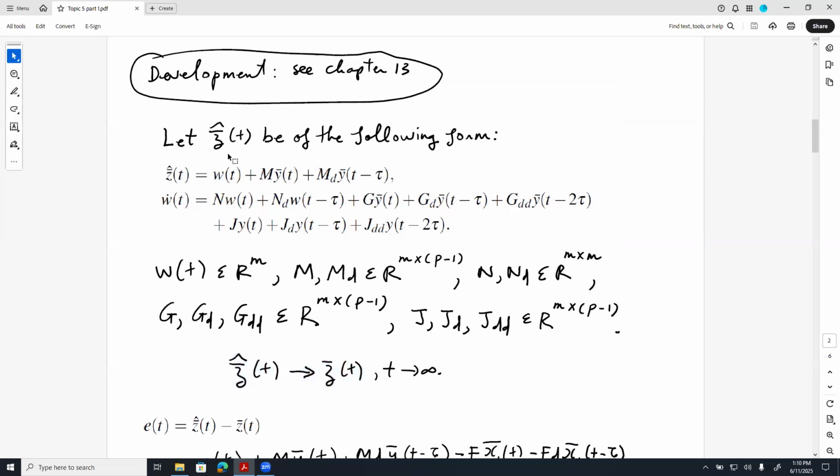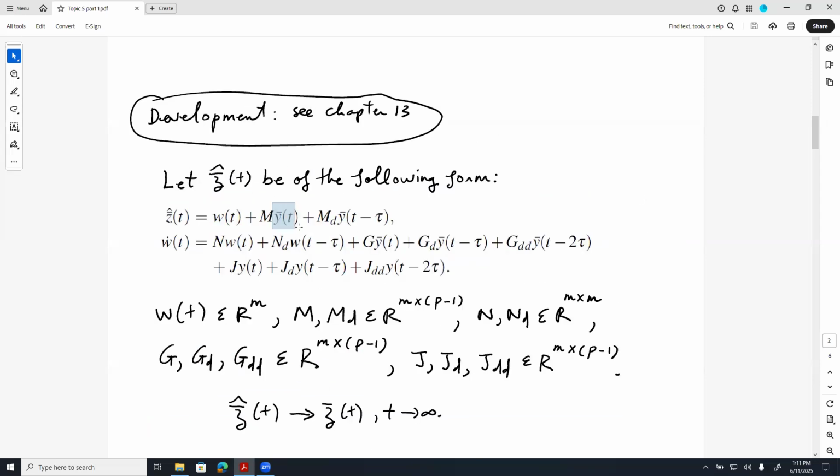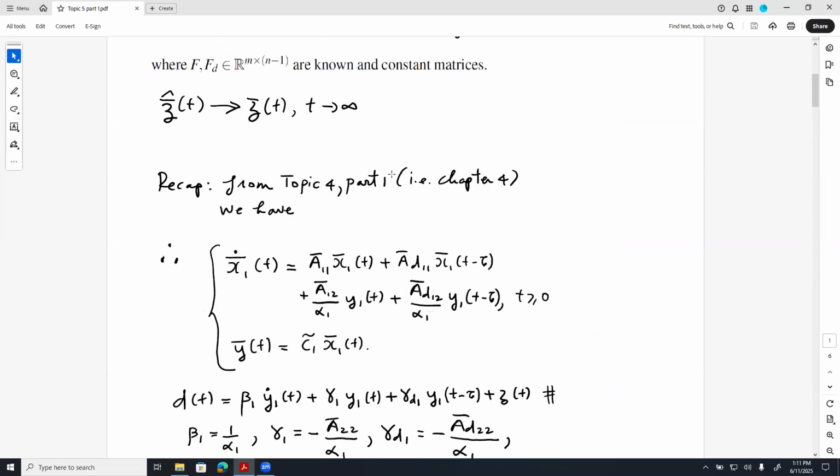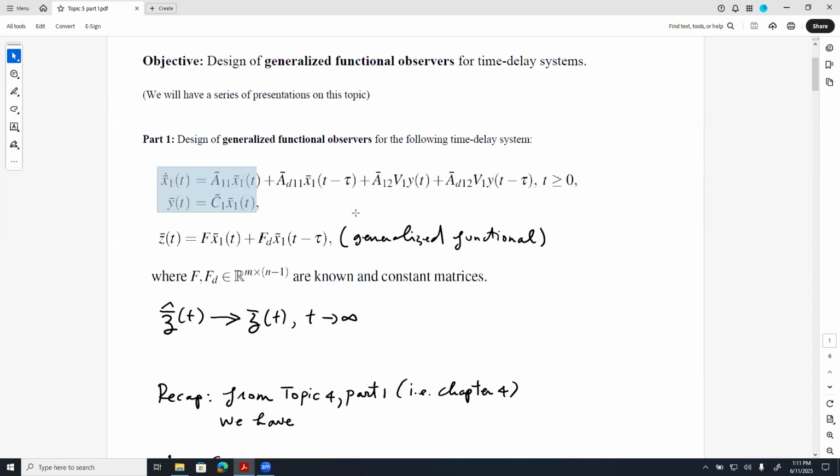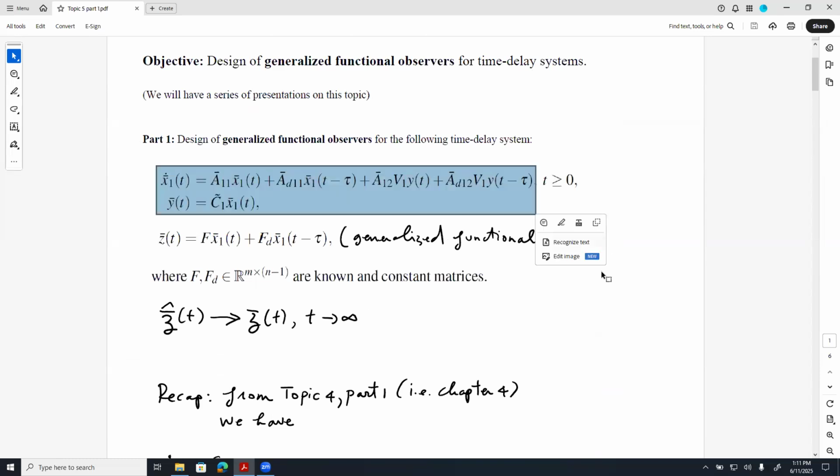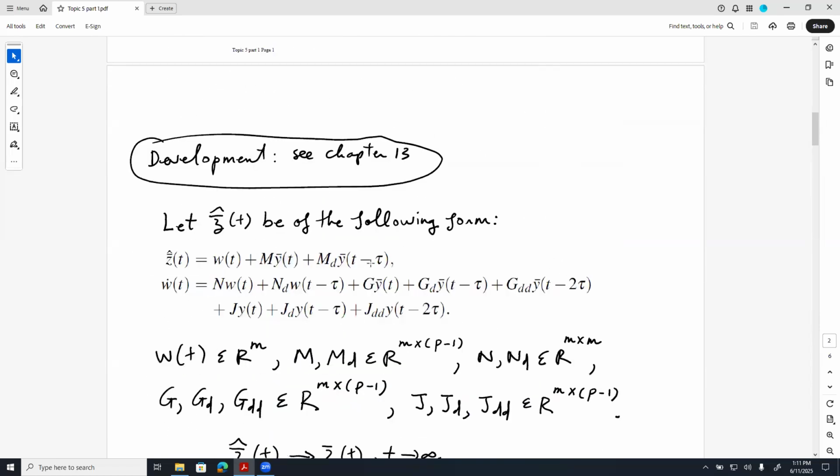Now, this observer structure is a fairly general structure. When we look at it, it actually contains y bar of t, which is the output measurement from this system. And it also contains another delayed output measurement as well. And we have this term in here. This is called an observer with internal delay.